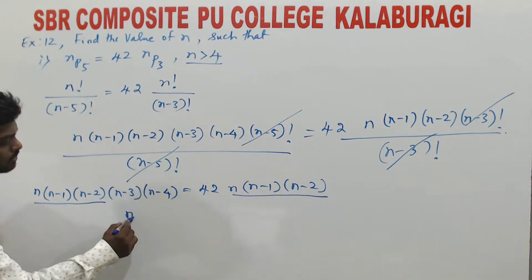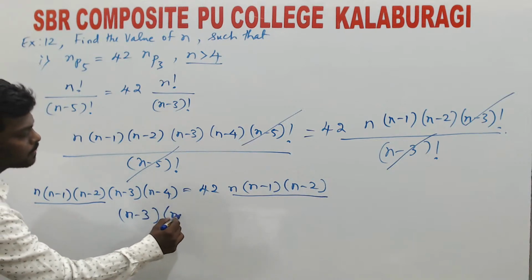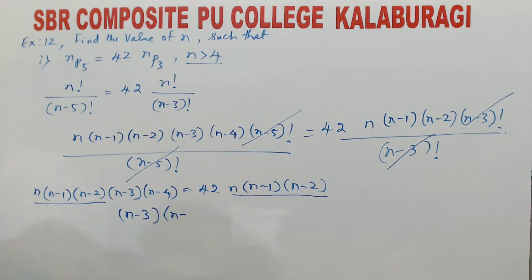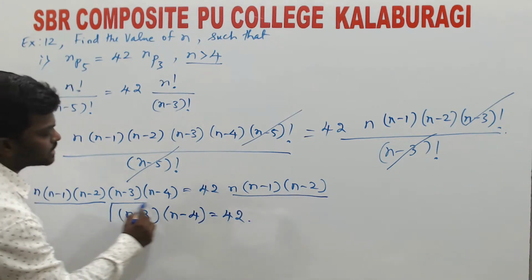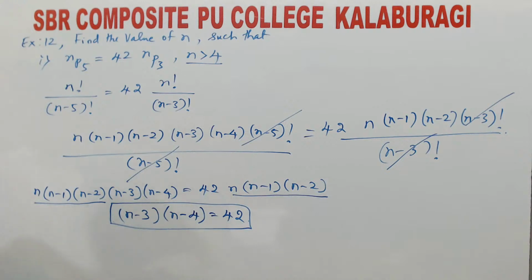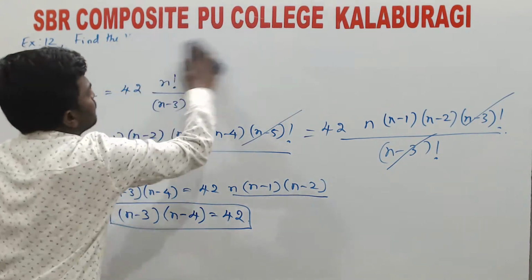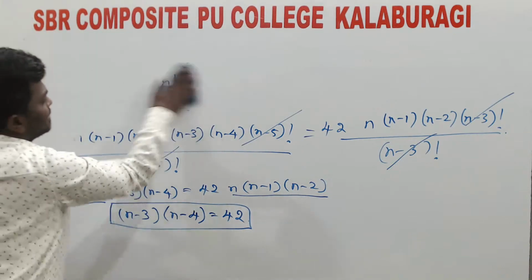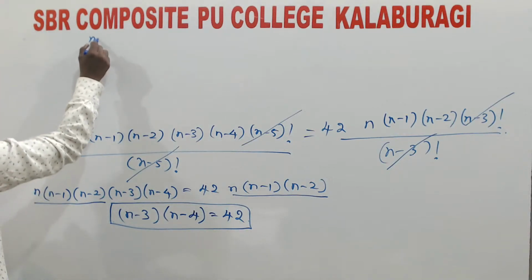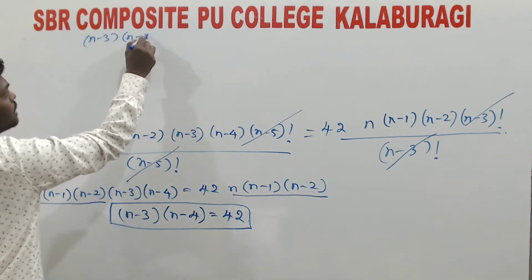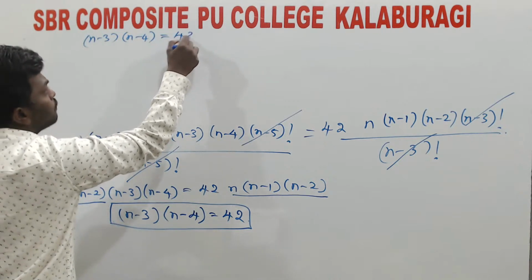So we get n minus 3 times n minus 4 equal to 42. Let's keep on simplifying this until we get n.